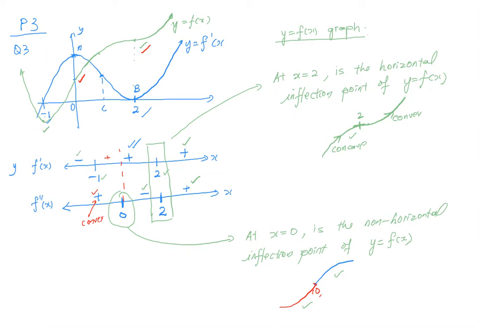As long as you get the shape correct, turn at the right place, we will give you marks. The position doesn't matter. If another student wants to draw like that, then here go concave, then you go like that also can. It doesn't matter. I will not deduct your marks. Got it?